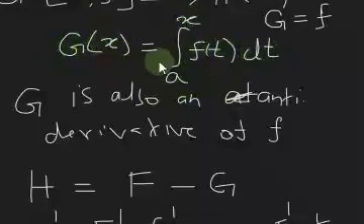This integral goes from a to the same point a. We have learned that the integral from a point to the same point is equal to 0. So G of a is 0.